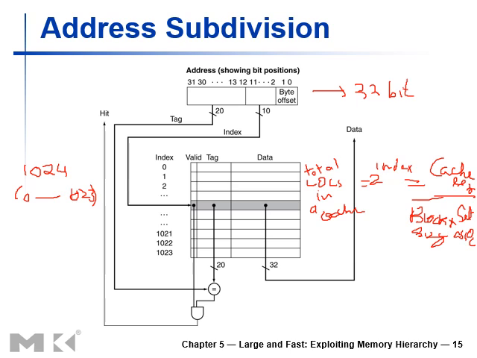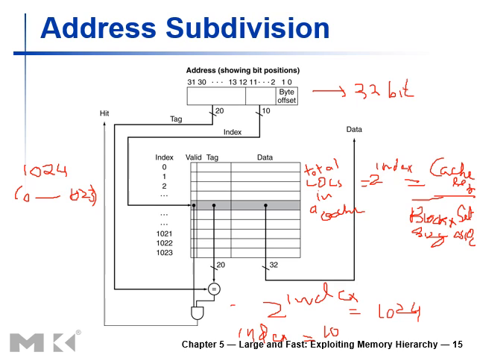So as the locations are given here, 2 raised to the power index equals 1024, which means that the index is equal to 10 bits. The remaining bits are basically the tag bits.